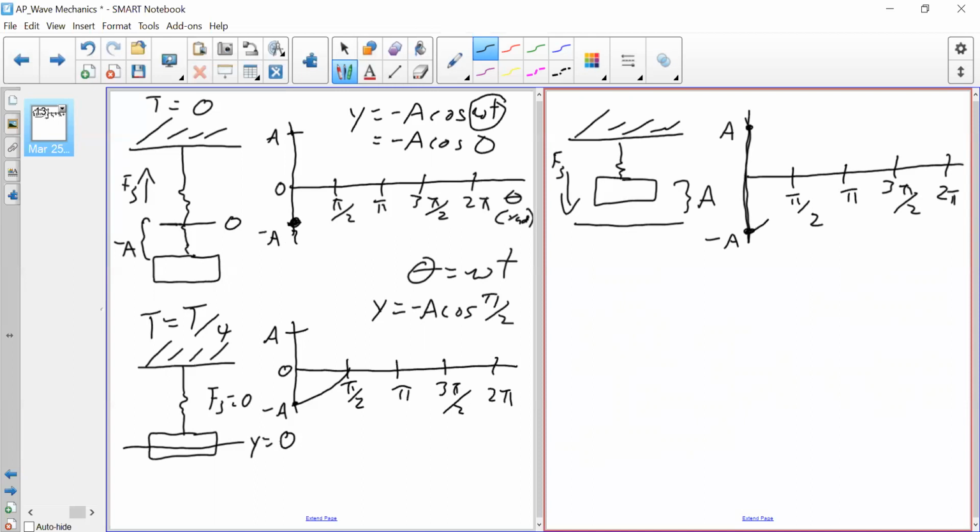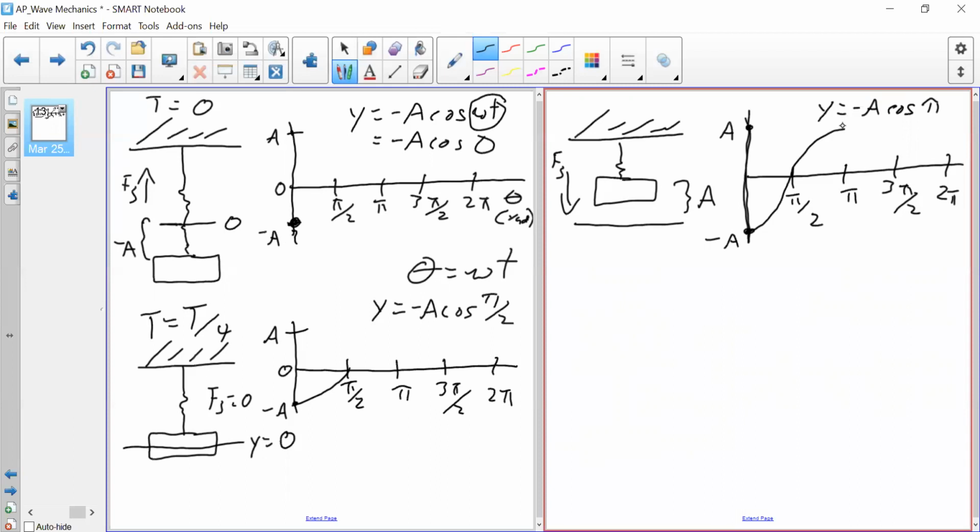So now we've gone here, and now the function says y equals negative A cosine of pi. Cosine of pi is -1, times negative A, plus A. That's why it will come here.